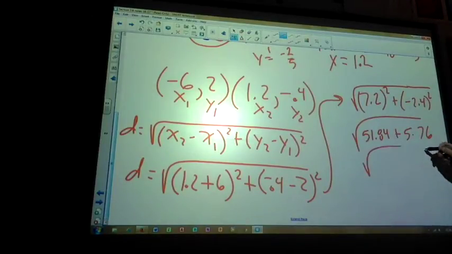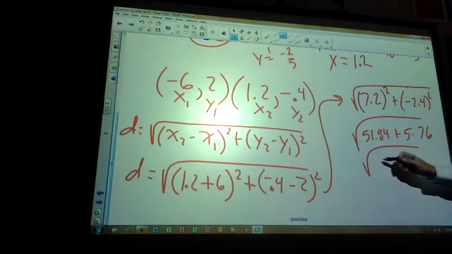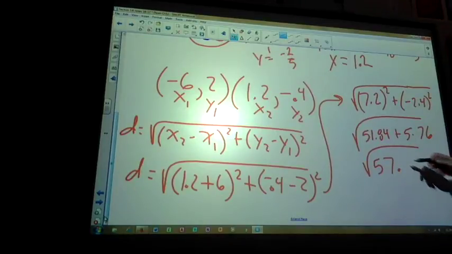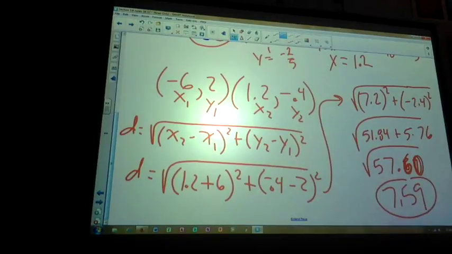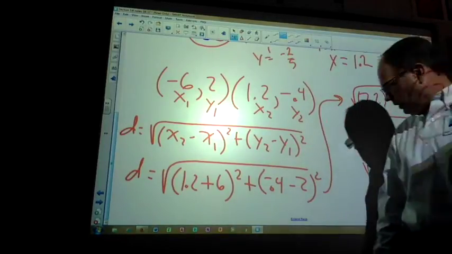Add those together and that would be 57.6, and the square root of that is 7.59. So the distance between our line and that original point is 7.59.